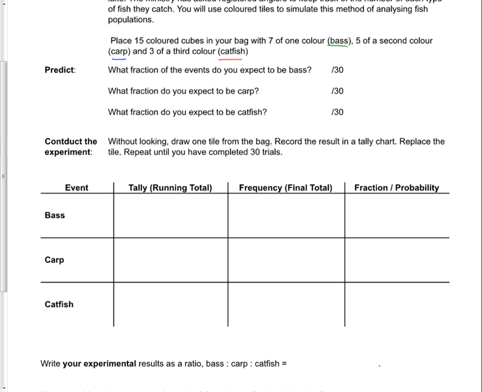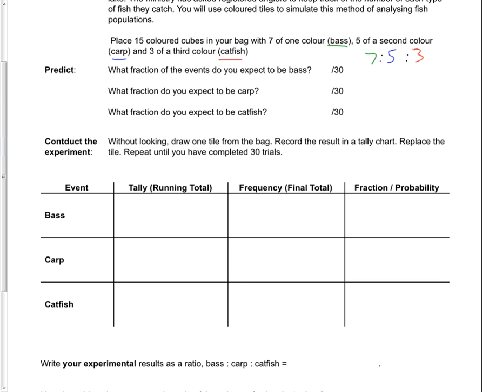Out of 15, we've got 7 bass to 5 carp to 3 catfish. So that's our ratio.